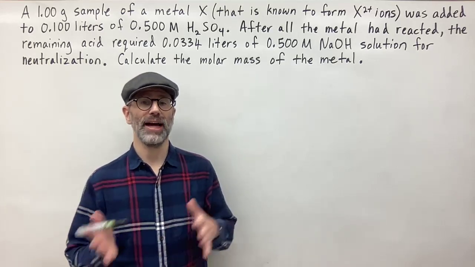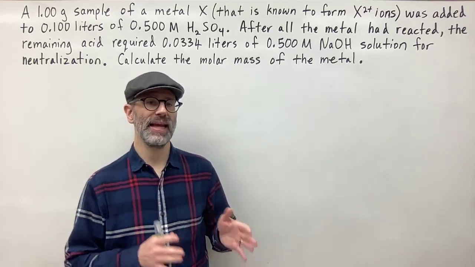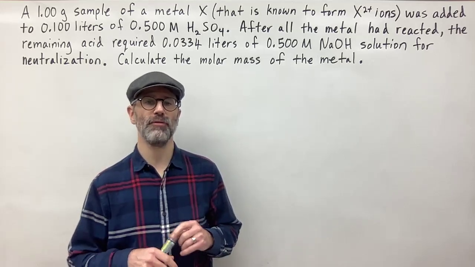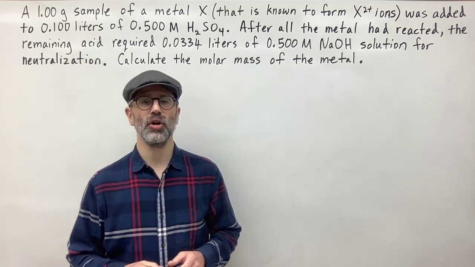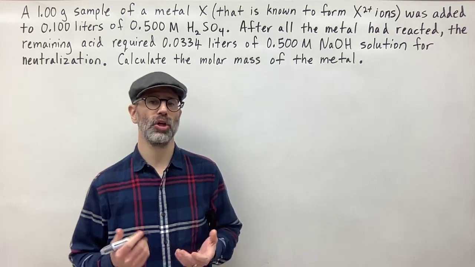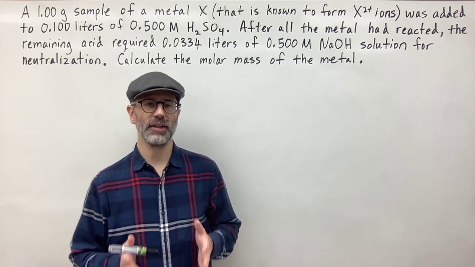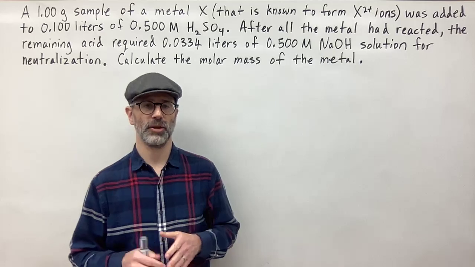After all the metal had reacted, the remaining acid required 0.0334 liters of 0.500 molar NaOH solution for neutralization. Calculate the molar mass of the metal.